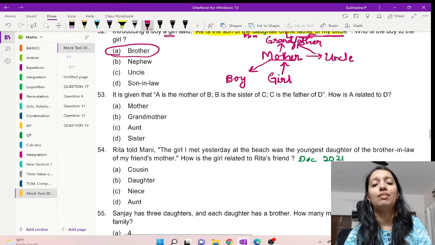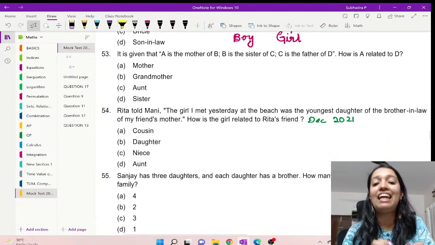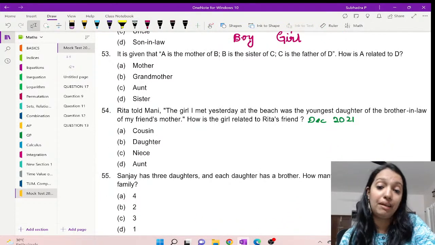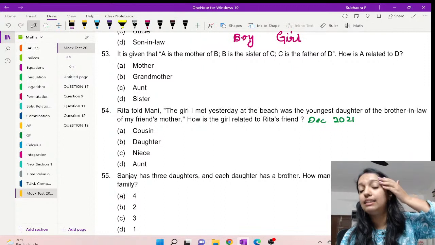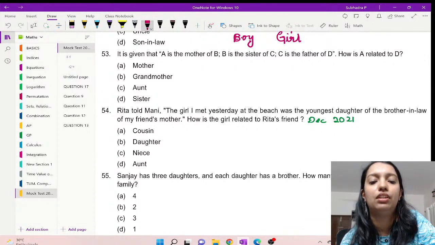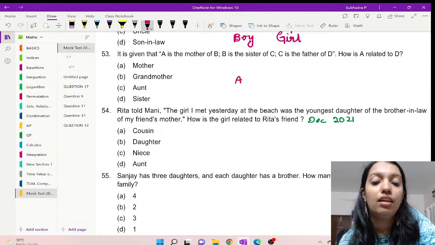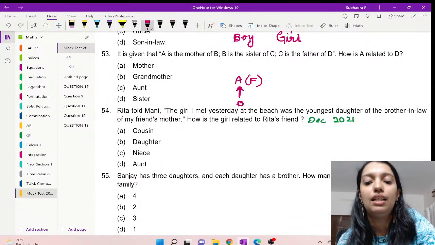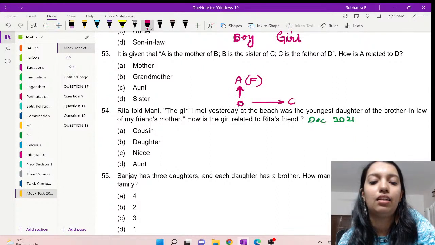53rd one. It is given that A is mother of B, B is sister of C, C is father of D. How is A related to D? Simple question. A is mother of B. Mother means female person. B is sister of C. Sister, female person.